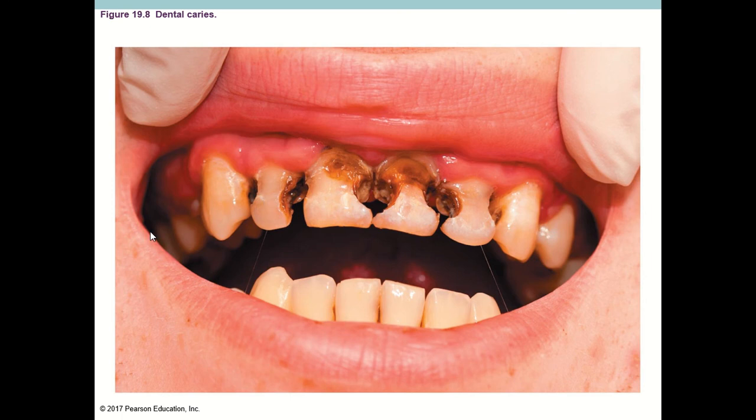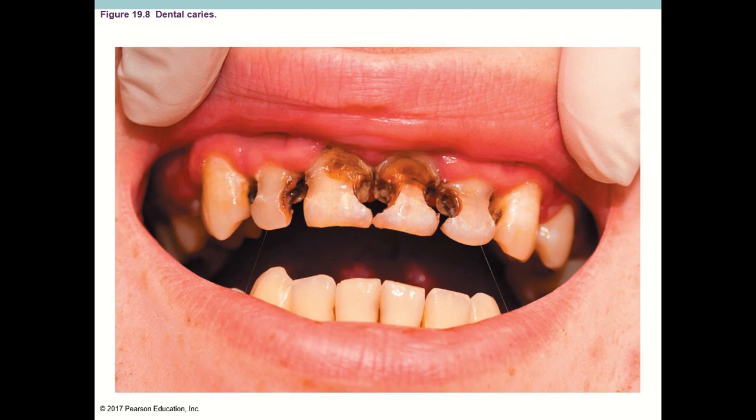The GI tract starts in the mouth, continues to the oropharynx, to laryngopharynx, and then down into the esophagus, stomach, small intestine with its 3 divisions, the duodenum, jejunum, and the ileum, and then the large intestine with its 5 major divisions: ascending colon, transverse colon, descending colon, sigmoid colon, and rectum, which includes the anus.